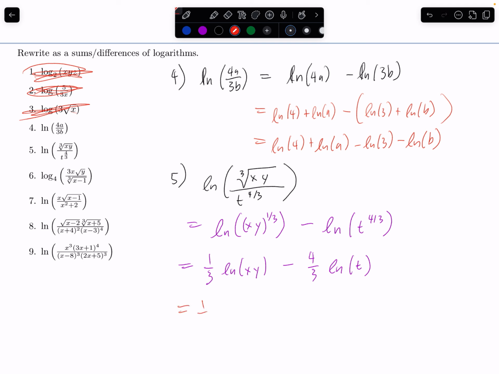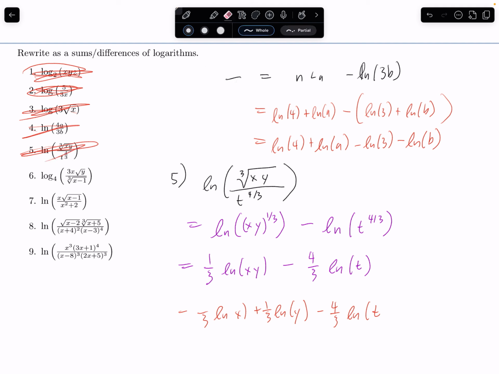So I'm going to change that to addition. So I got 1/3 ln of x plus 1/3 ln of y minus 4/3 ln of t. And I got nice simple logs in my final result. Very nice. Okay. That's 4 and 5 done.